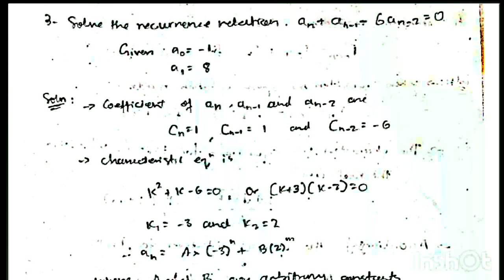In this question we have to solve the recurrence relation an plus an minus 1 minus 6 an minus 2. We have been given two conditions, a naught and a1. Now what are the coefficients of an, an minus 1 and an minus 2? The coefficients are 1, 1 and minus 6.